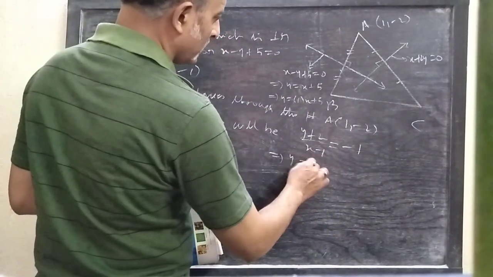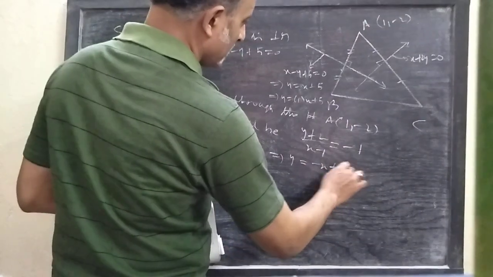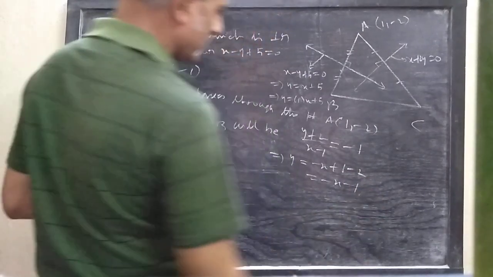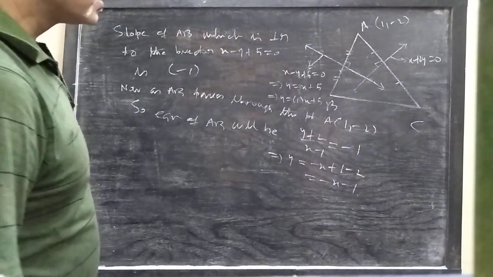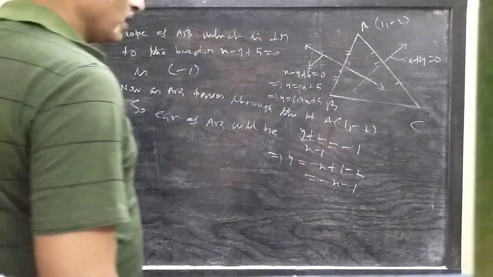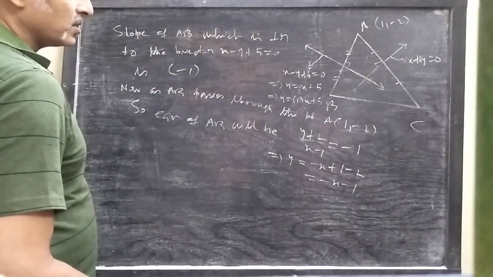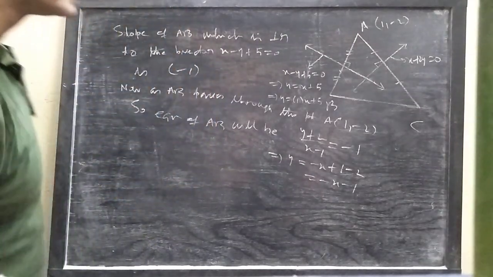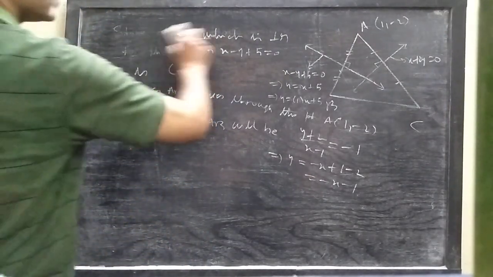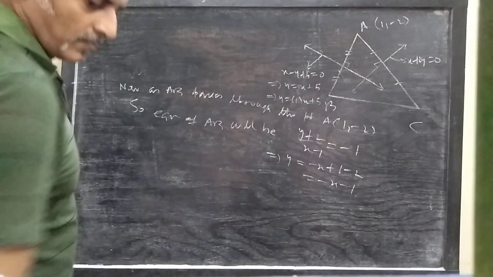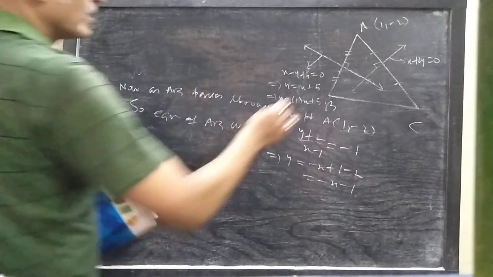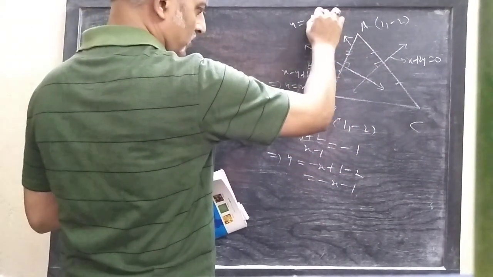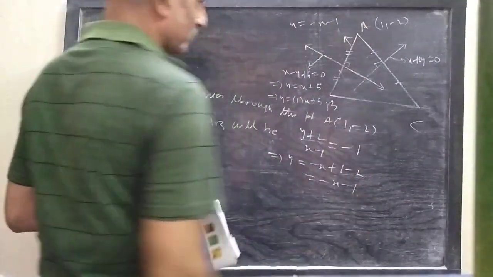That gives y equals minus x plus 1 minus 2, so this becomes minus x minus 1. This is the equation of AB. The equation of AB we have found is y equals minus x minus 1.